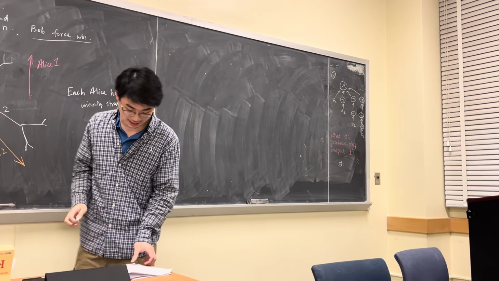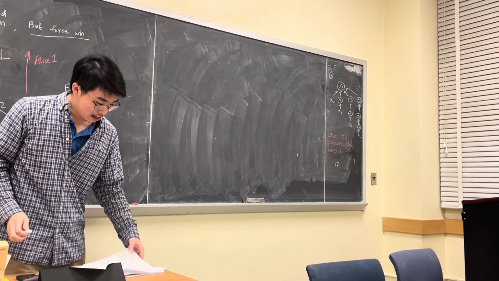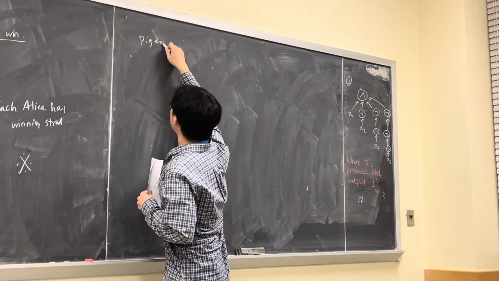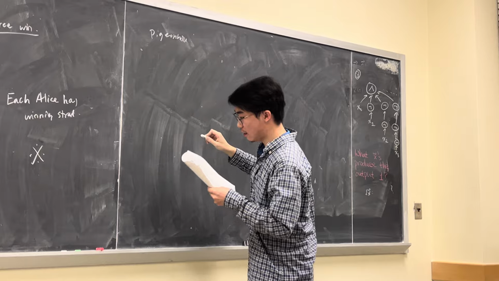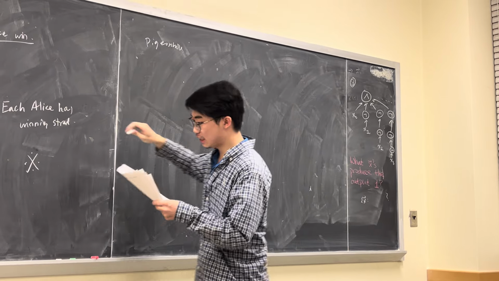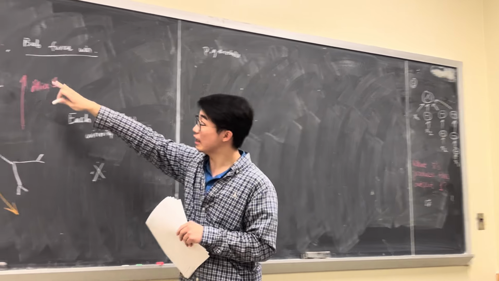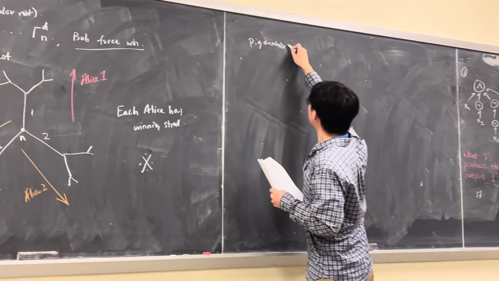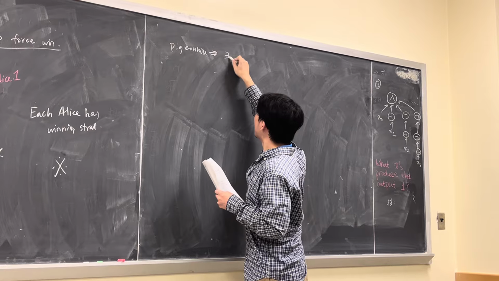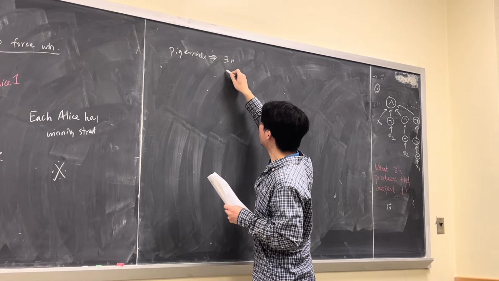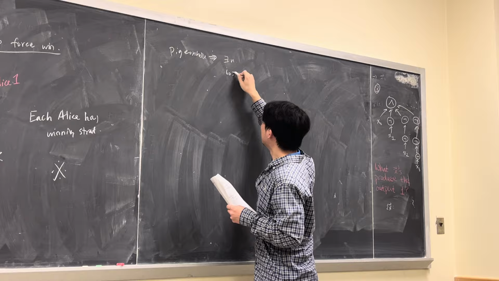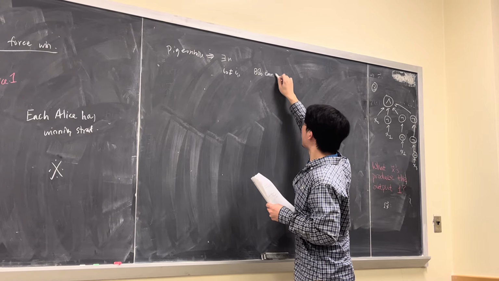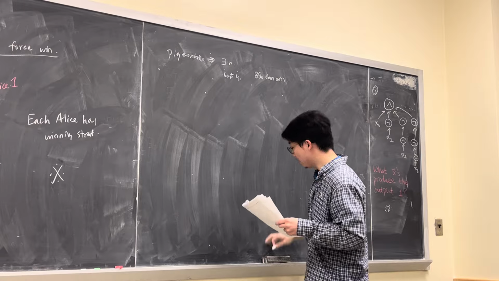Now, I'll apply the pigeonhole principle once. Notice that here it's for every n. So by the pigeonhole principle, there exists an n such that there are two i's, i0 different from i1, such that Bob can win. Sorry, the other way around.